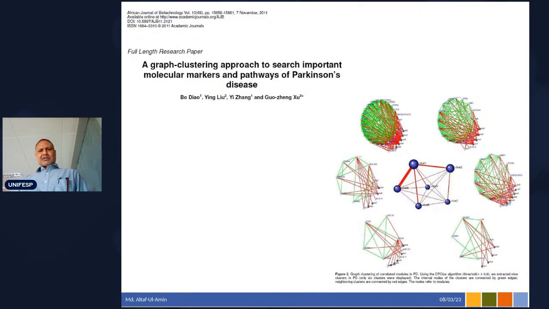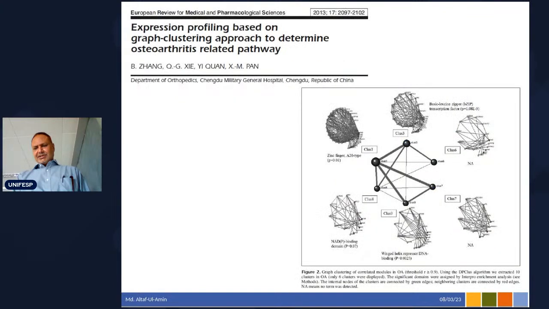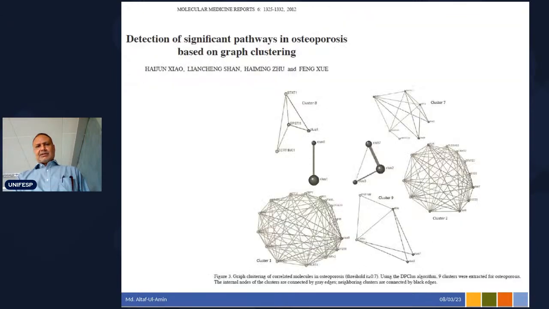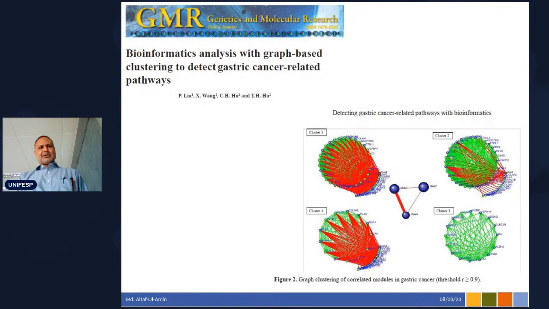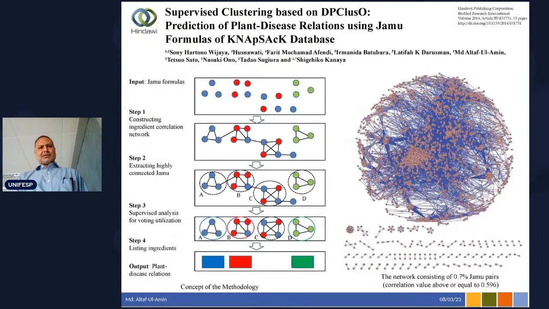And also, DPClus was applied for finding disease pathways, several diseases like Parkinson's disease here, and here, osteoarthritis, and here, osteoporosis, and here, cancer pathways and biomarkers. And we also applied DPClus for finding out relation between plants and diseases based on Indonesian traditional medicine formula.